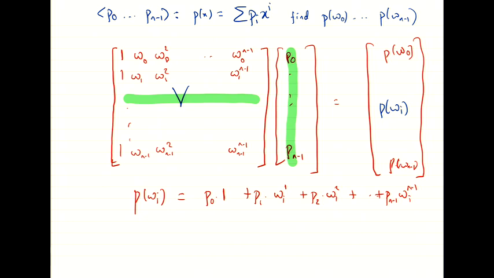the inverse Fourier transform problem is: somebody gives you the right-hand sides, gives you P of omega 0 to P of omega n minus 1, and you need to find the coefficients P0 to Pn minus 1. Okay? So the inverse Fourier transform problem is the following.